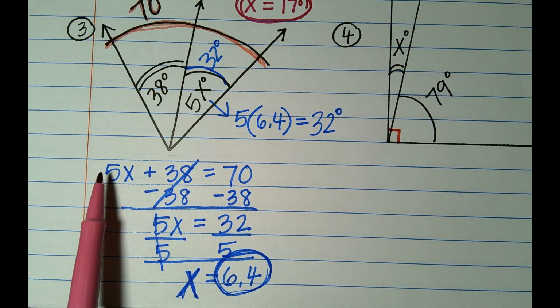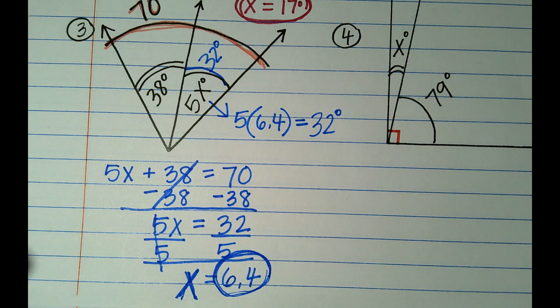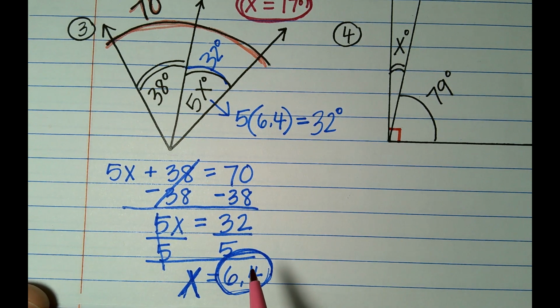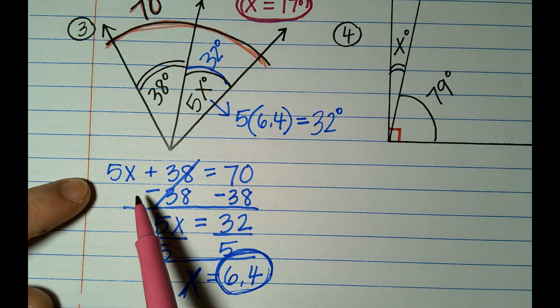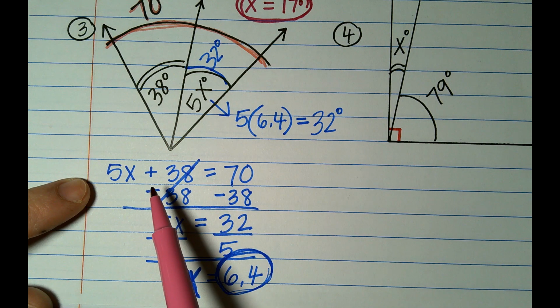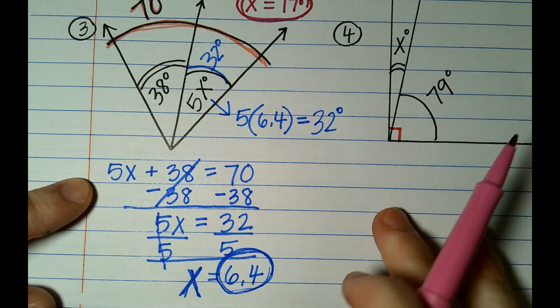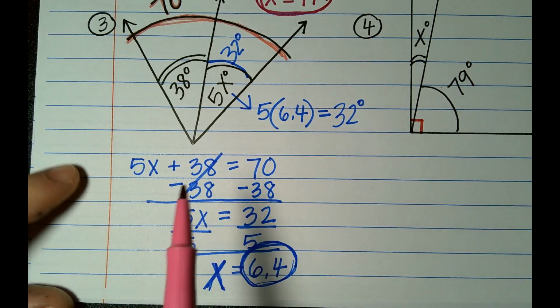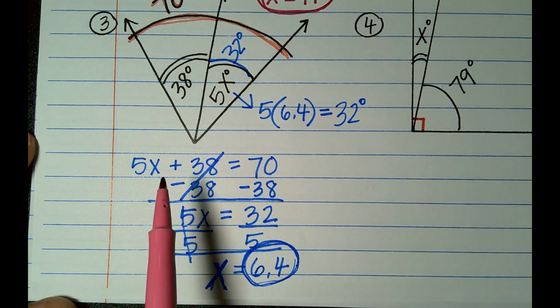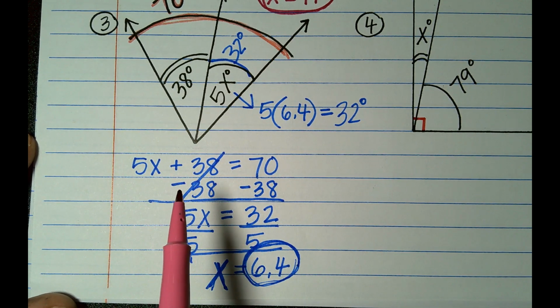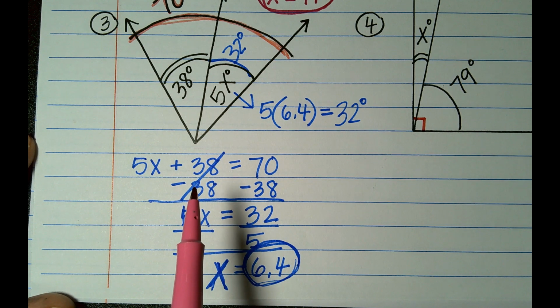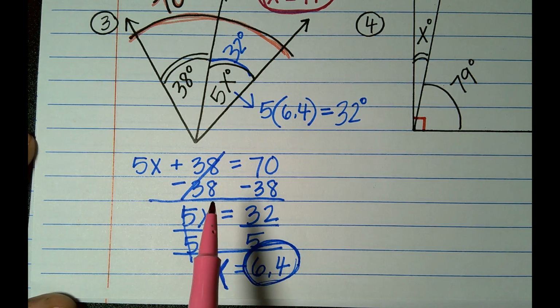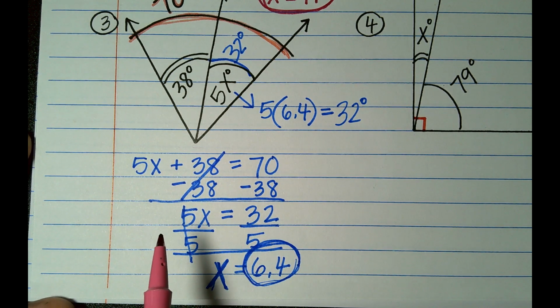On the first one I did what we just did. And then the second one, because I was questioning myself, I put 5x take away 38 equals 70, and then I added 38.